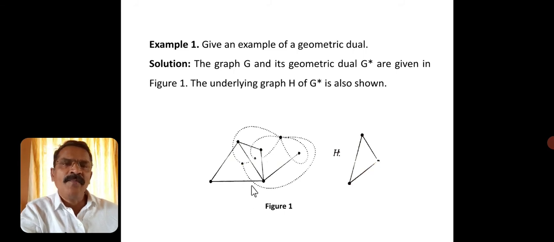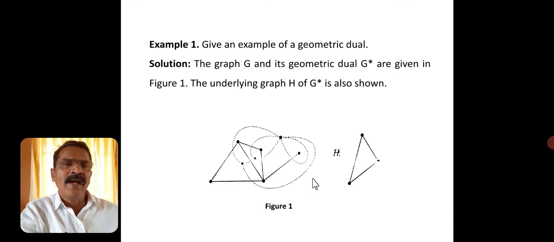Okay, now these are the two edges common to the exterior region. So that's why this vertex is joined with the other vertex by crossing this bridge. Similarly, one more edge is joined crossing this edge between these two vertices.